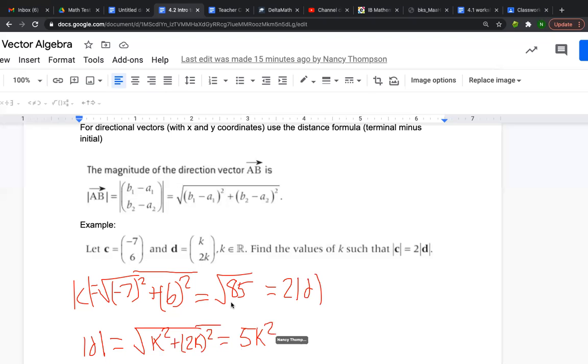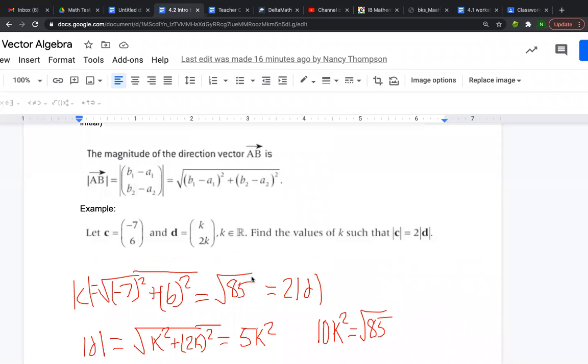And then we're doubling that. Oh, wait, I missed something. Sorry, the square root of 5k squared.